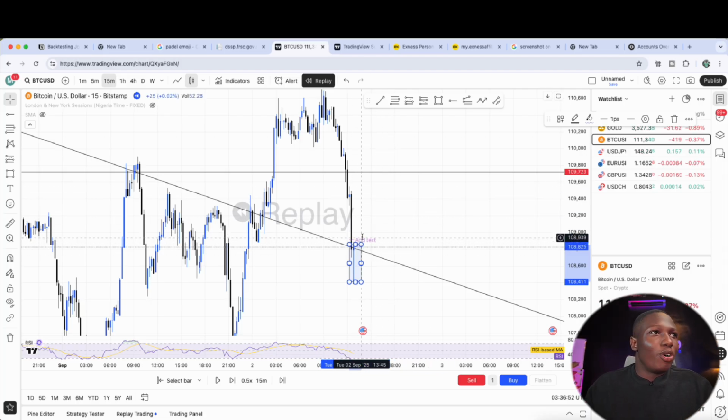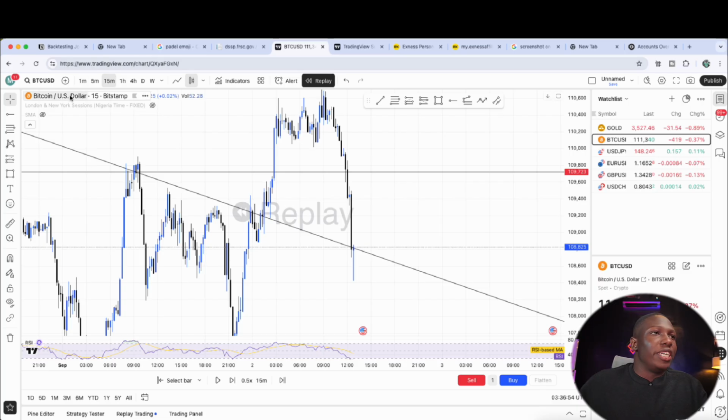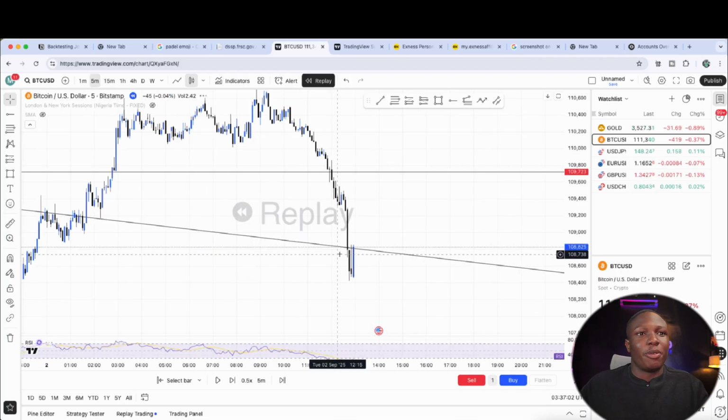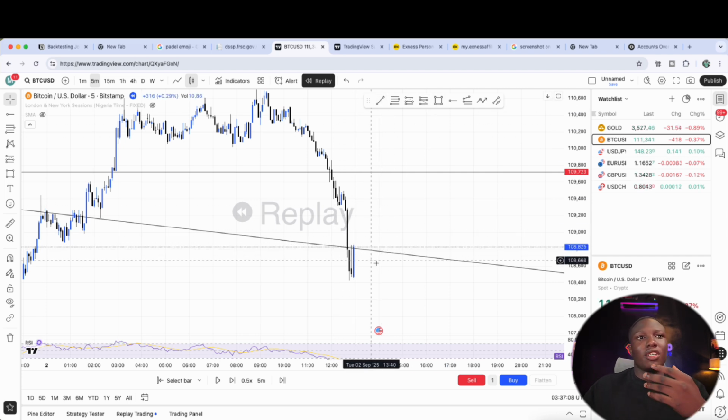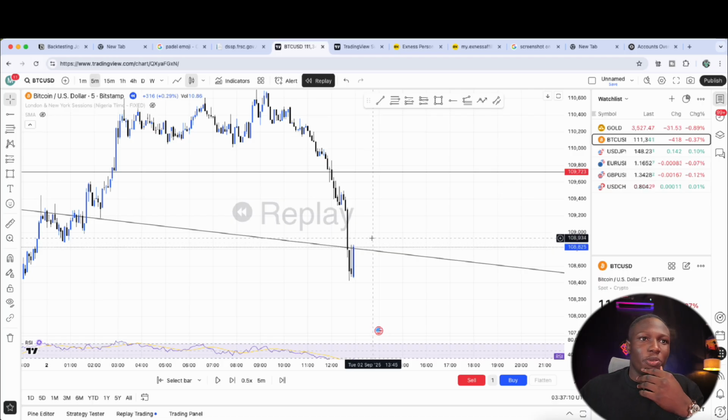For a better entry, a sniper entry, I'm going to check the 5 minutes for a confirmation, and that's the confirmation: a bullish engulfing. This is an engulfing candle that shows price is about to push to the upside. This was where I got my entry point.